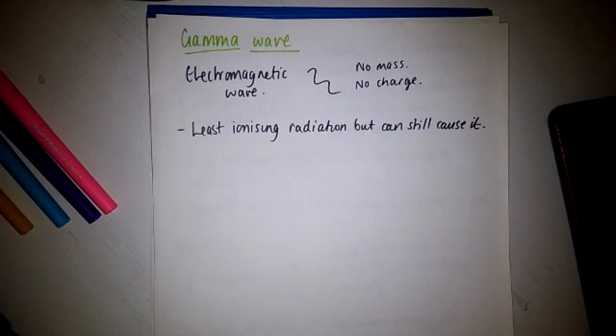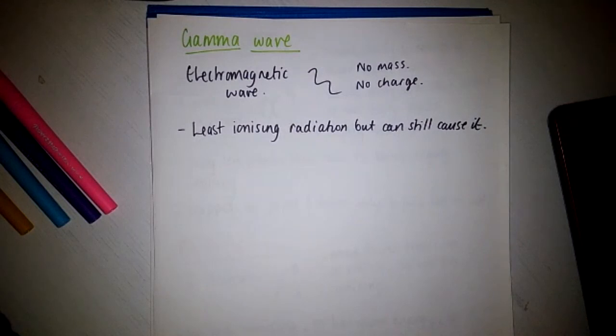Okay, in terms of penetration, they are highly penetrating. So gamma is always made out to be the worst. I think in TV and film and things, they always try and make gamma out to be the worst, but actually gamma's not very ionizing at all. So it's actually not as dangerous as alpha radiation, but they're very penetrating.